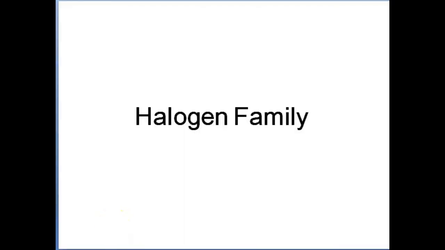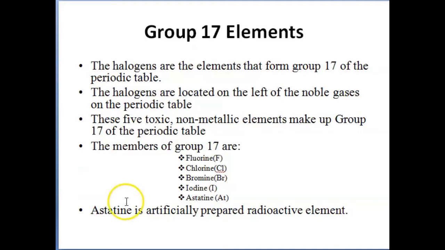Halogen family. Basically, group 17 elements are considered to be the halogens. The halogens are the elements that form group 17 of the periodic table. And basically, the halogens are located on the left of the noble gases on the periodic table.